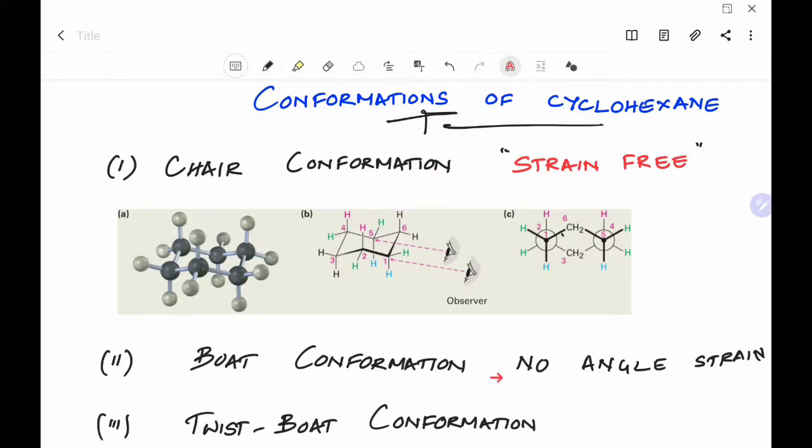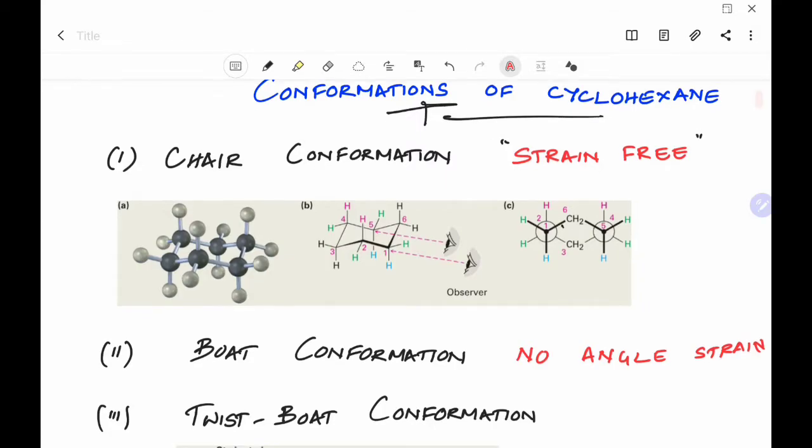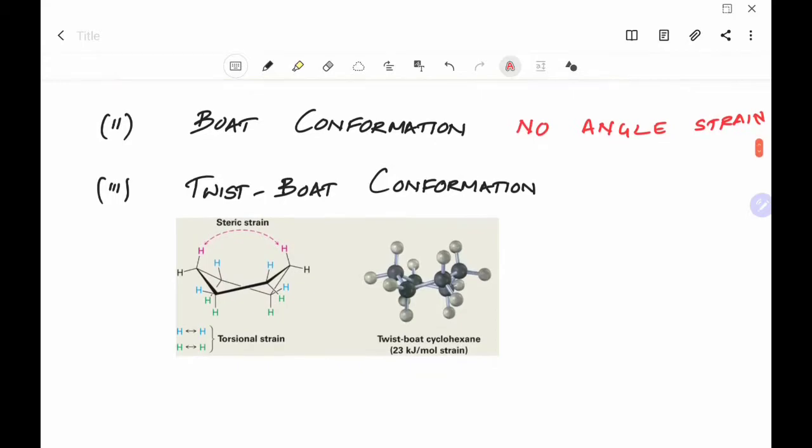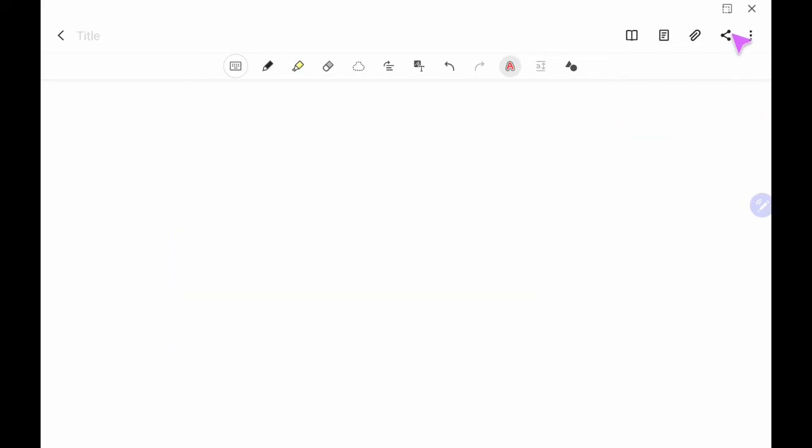That is the problem with boat conformations. Therefore, the boat conformation is slightly unstable compared to chair conformations. You also have a conformation called twist boat, which is a variation of the boat conformation. The twist boat is nearly free of angle strain, and it also has fewer eclipsing interactions compared to the boat conformation.